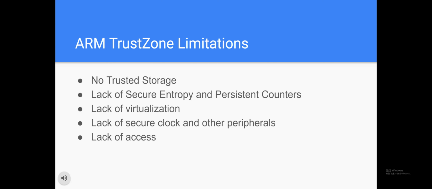Fourth, ARM TrustZone lacks secure clock and other peripherals. And lastly, ARM TrustZone lacks access. Most SoC hardware vendors do not provide access to their firmware. As a result, many developers and researchers are unable to deploy their systems or prototypes to TrustZone.